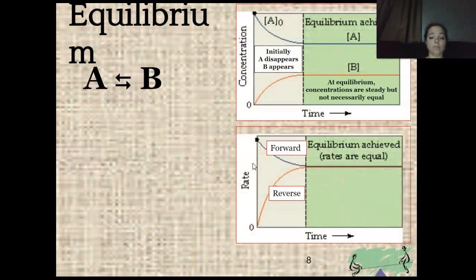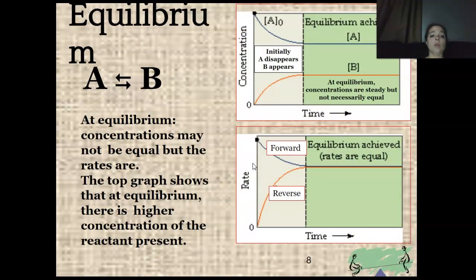All right. So equilibrium, A to B, B to A. At equilibrium, concentrations may not be equal. So looking at these, you have different concentrations, but they hit equilibrium as soon as the rates equal out. So you have this flat rate right here. When you get the flat rates, that's when they are equal.